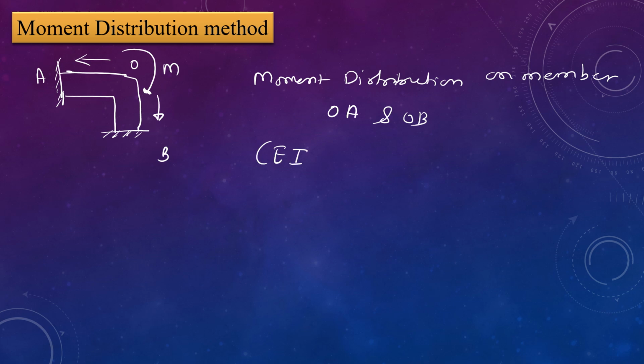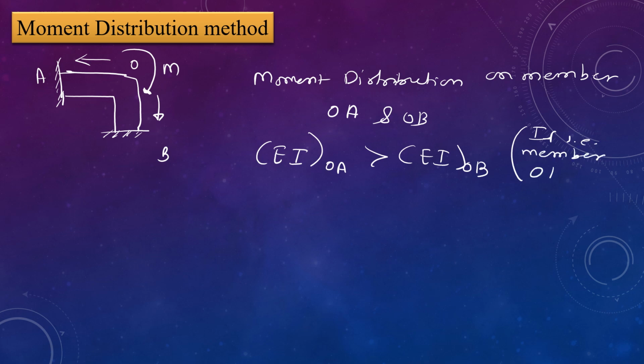Say the flexural rigidity EI of OA is greater than the flexural rigidity of OB. That is, if this happens, the member OA is stronger and stiffer.